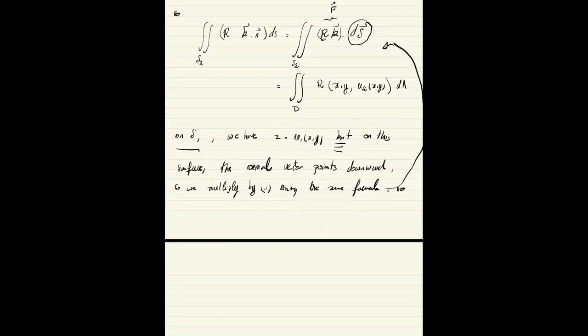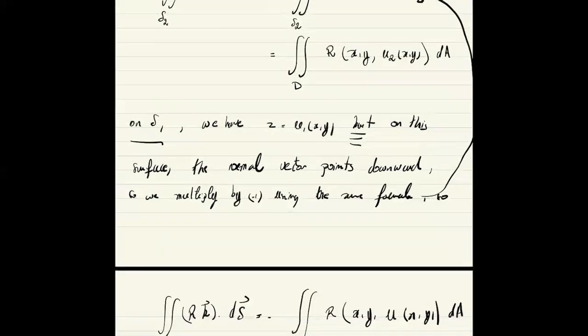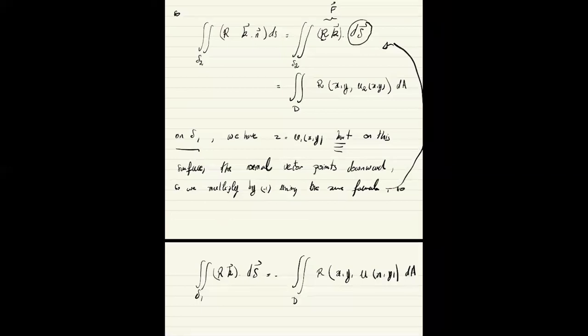So the integral over S1 of R k dS is minus the integral over D of R(x,y,u1(x,y)) dA.